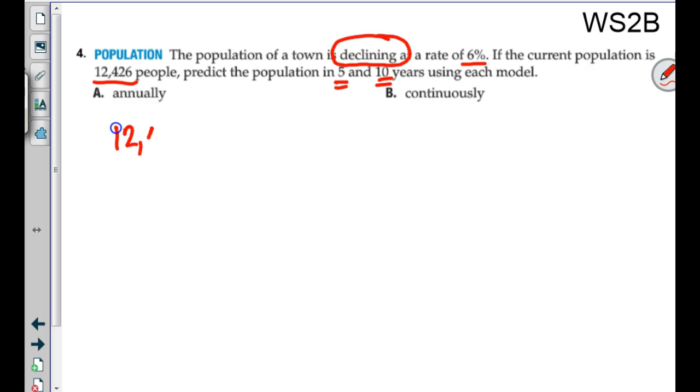So we're going to do 12,000. No, I mean literally on this one. This is the original. Annually would mean it's going to only do the 6% once a year. So it's 1 plus 0.06 once a year for 5 years or 10 years, right?